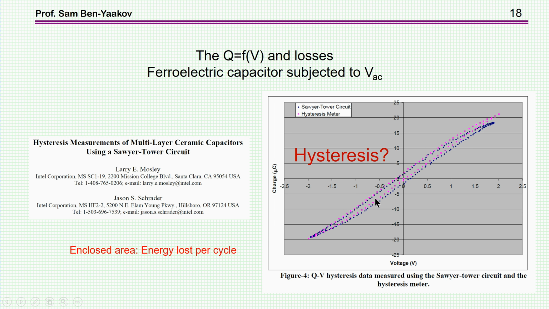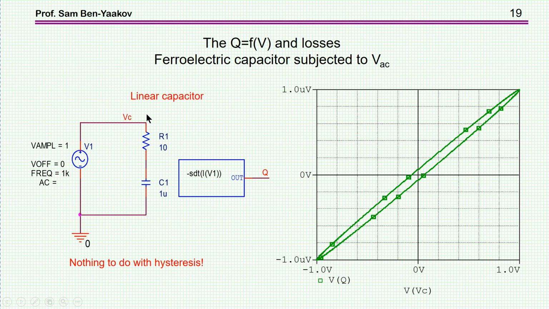The reason for my doubt is that if you just take a linear capacitor, add to it a linear resistor, look at it as a linear capacitor with ESR, and then feed an AC signal to it, take the integral of the current for Q, and then plot Q as a function of V, this is what you are getting. This area here is the loss, the energy loss per cycle of this circuit.